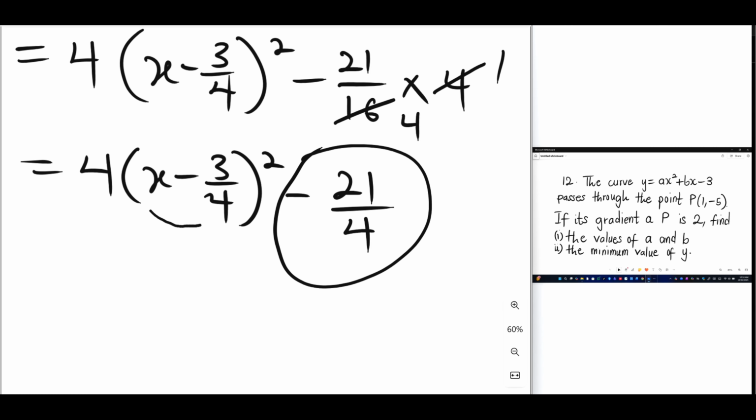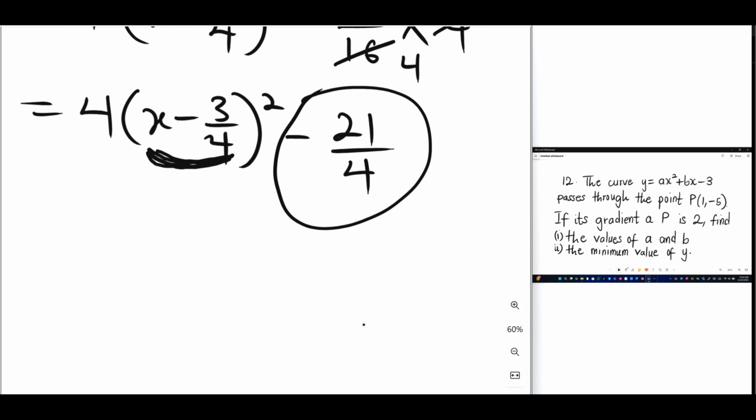The x minus 3 divided by 4, you equate it to 0, then you get the x value. That is the equation of the line of symmetry. But the question doesn't involve the equation of the line of symmetry, so we are just going to pick the term outside.